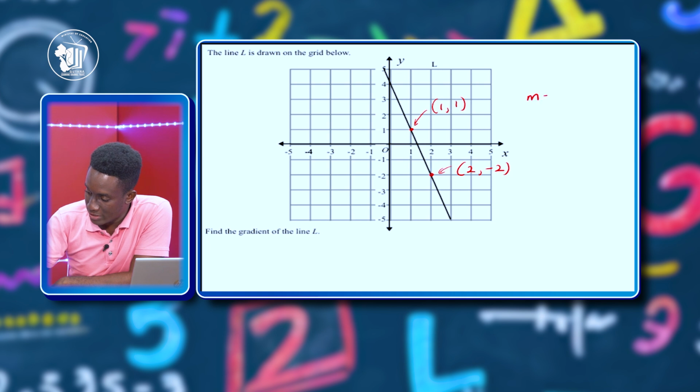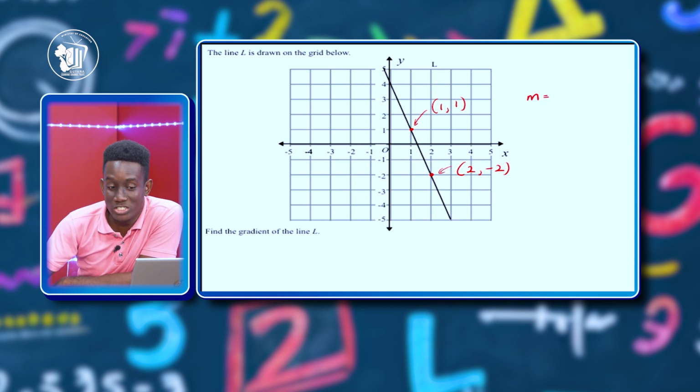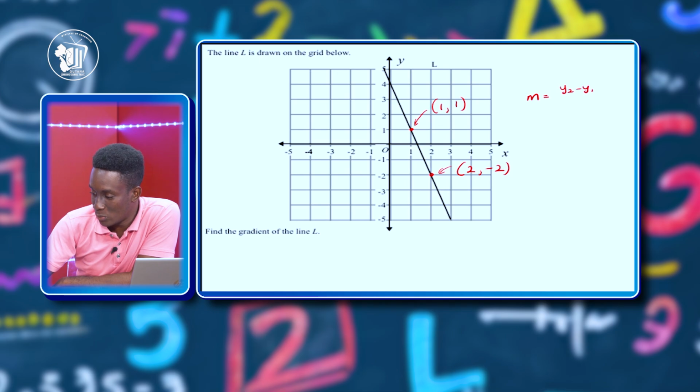To find the gradient, it will be rise over run, or the change in y over the change in x. So the change in y will be y2 subtract y1 all over x2 subtract x1. Let's call this x1 and y1 and x2 and y2.